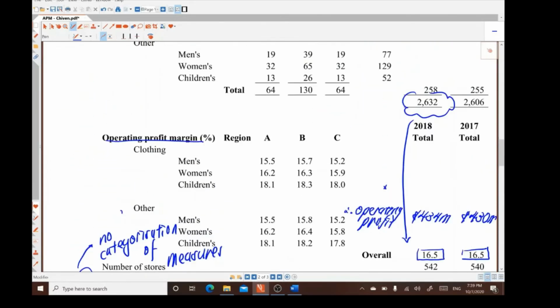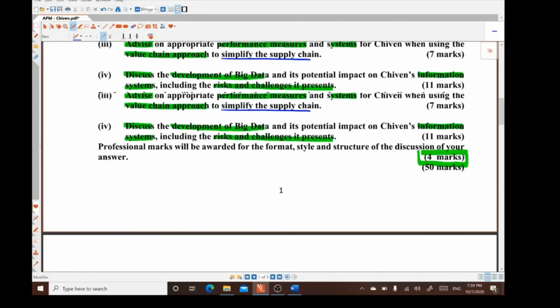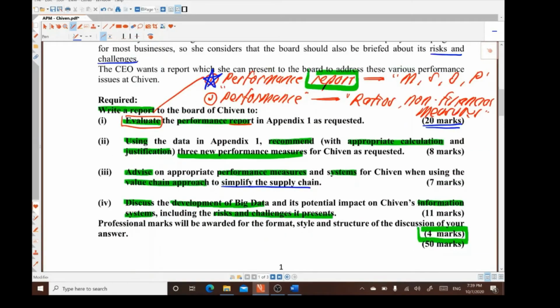For now, what is important is to start looking at the very first part, as I mentioned, how we make use of the M, S, D, and P, particularly if you see that in the exam, and if you're required to assess the performance report here. And that's going to be our first part of today.